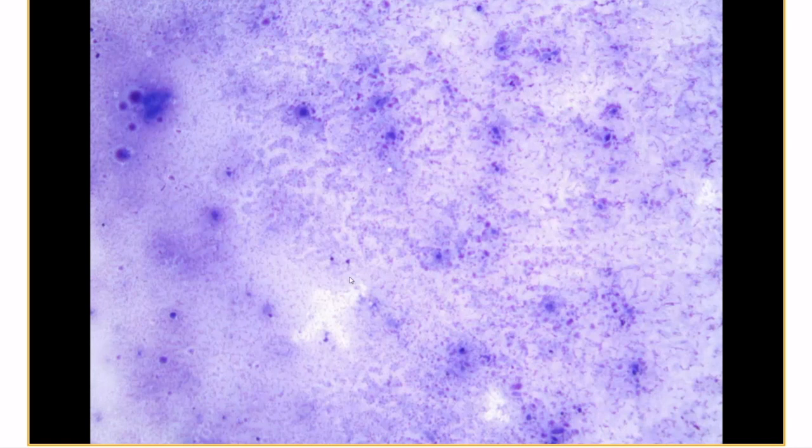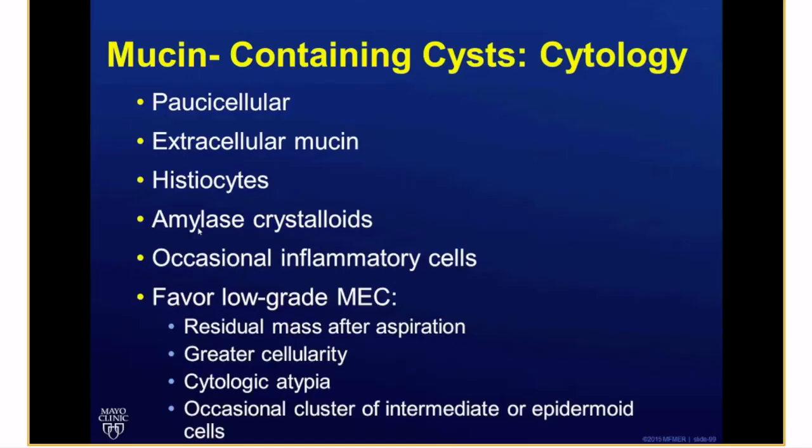So here we see on this Diff-Quik a ton of mucin in the background, but no cells. Mucin looks somewhat bluish and dense in the Diff-Quik stain. So the mucin-containing lesions tend to be paucicellular with a ton of mucin in the background. You can have histiocytes, you can have crystalloids, and some inflammatory cells.